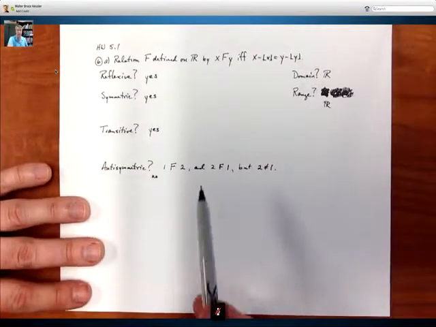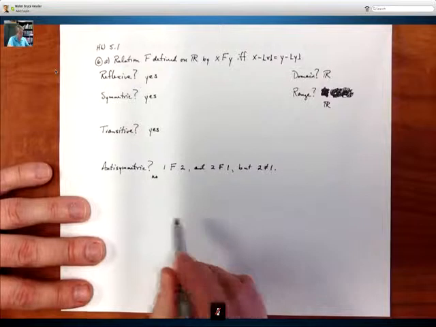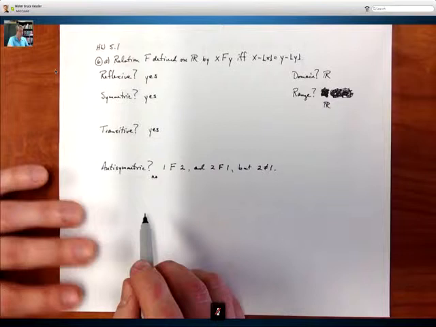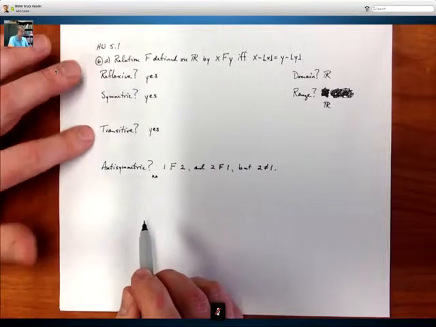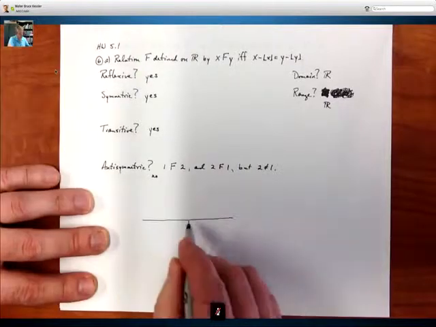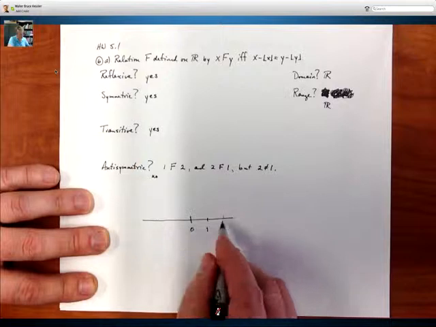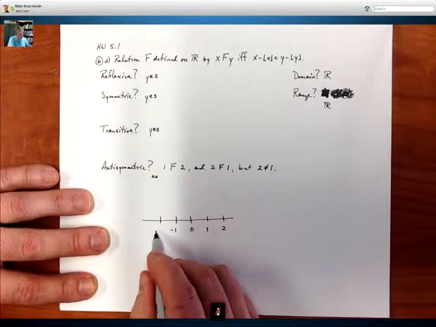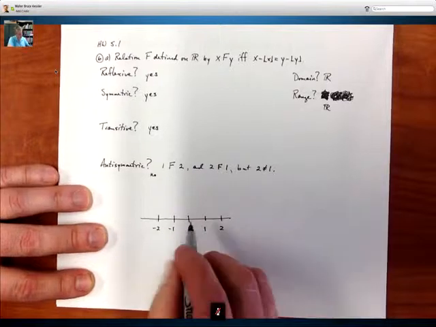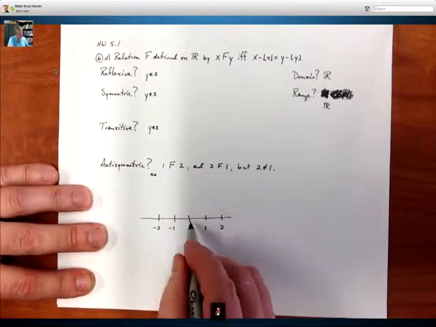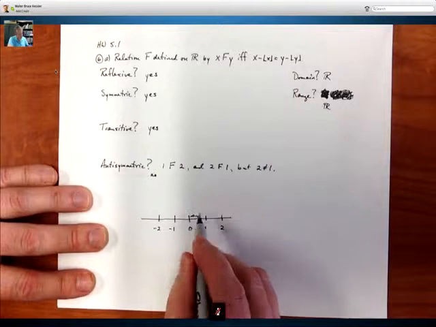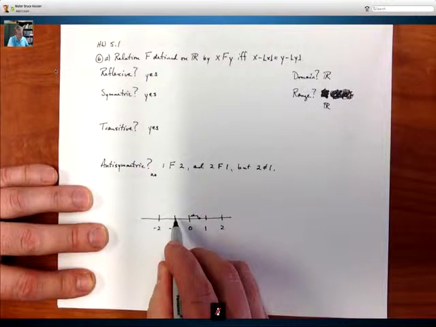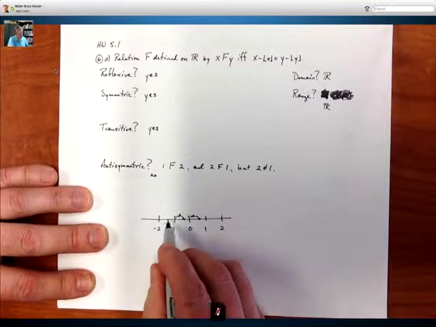Now in 5.1 we hadn't talked about this yet, but we talk about it in 5.2 about equivalence classes. This is an equivalence relation because it's reflexive, symmetric, and transitive. If you think about what it does, 0, 1, 2, here's my number line for the real numbers. It takes everything that's a certain distance to the right of an integer and relates it to everything else that's a certain distance.